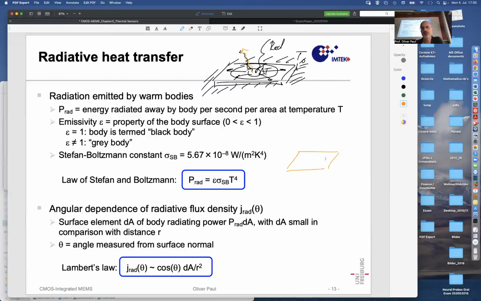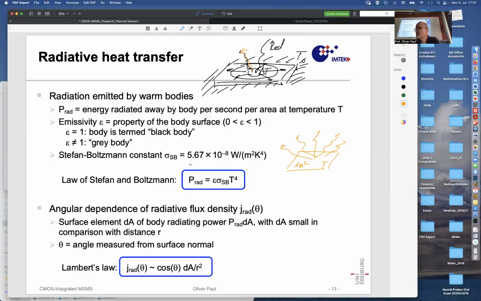So let's assume this object to have temperature T. Black body radiation is emitted in all kinds of directions. If we add up this whole power over all directions that radiate away from, let's say, 1 square meter of such a surface, then the power per square meter is given by this fundamental constant, the Stefan-Boltzmann constant, sigma SB.